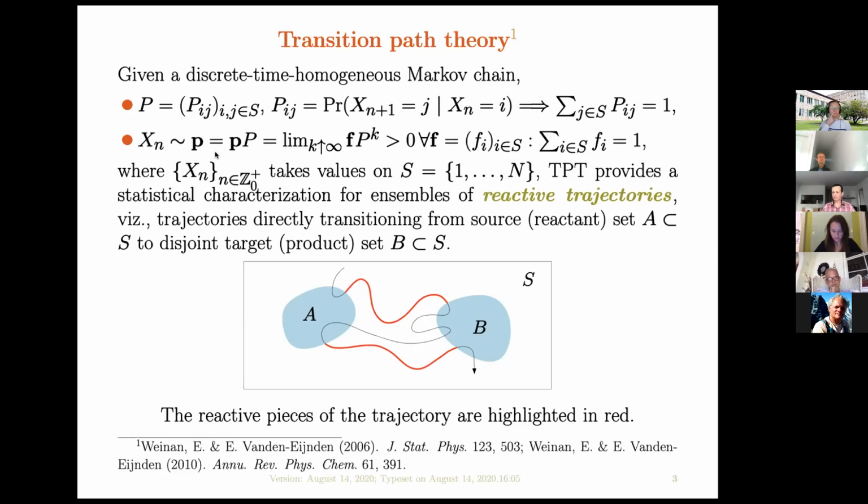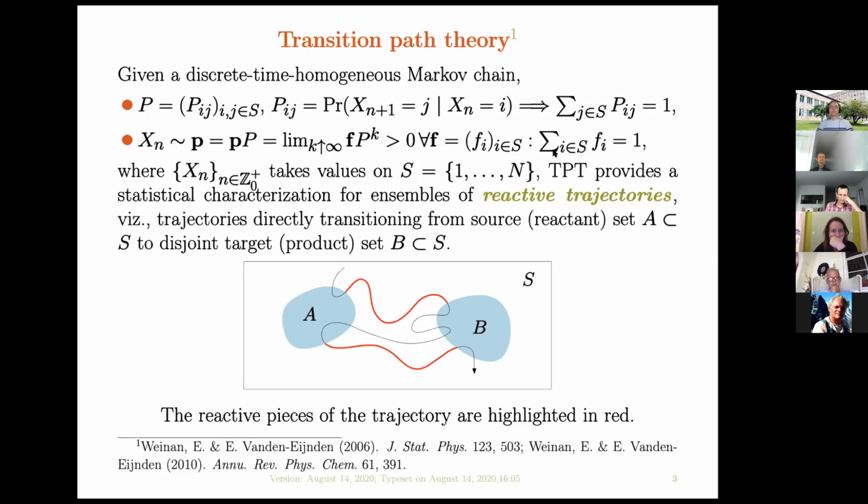P has the property of being invariant, and the stationary distribution is reachable from any distribution in the limit of infinitely many applications of P. Things to have in mind: this matrix, which we call the transition matrix, is row stochastic, meaning that the sum of each row of the matrix equals 1.